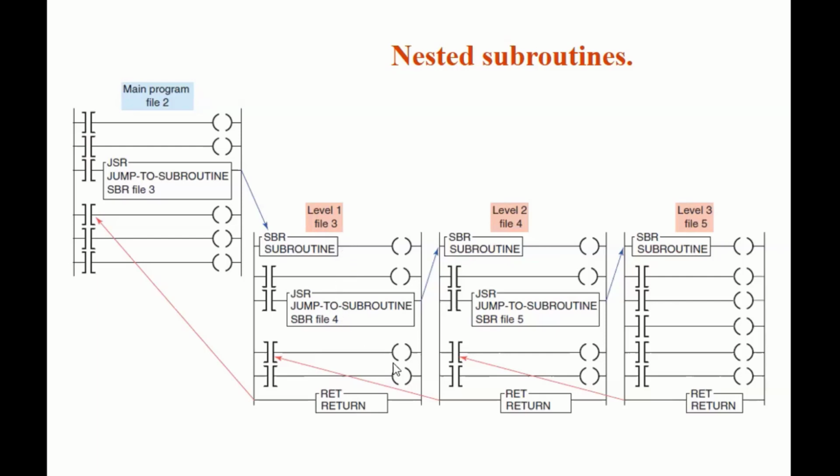Under that subroutine, there's another subroutine, level 2 file 4. And under that subroutine, there's another subroutine, level 3 file 5. So subroutines can be built in or cascaded in or nested in if there's a need to do that. The more complex the ladder program, the more need for nested subroutines you might have.